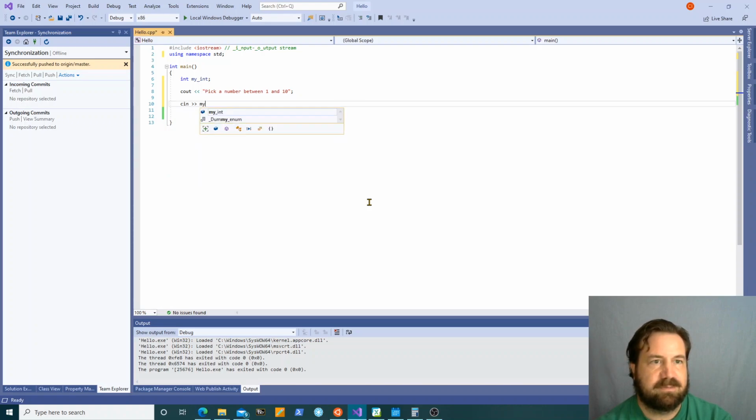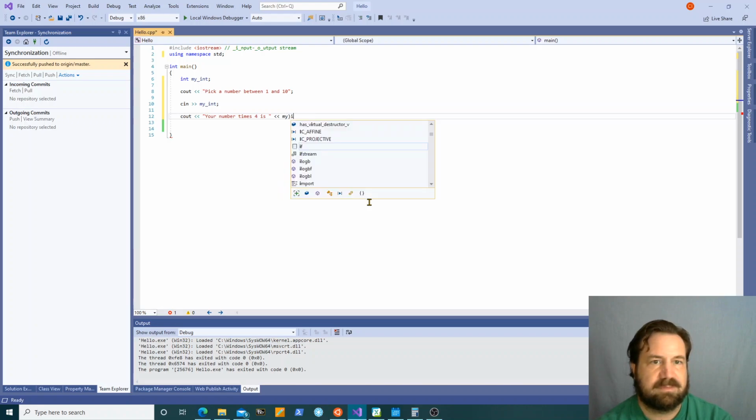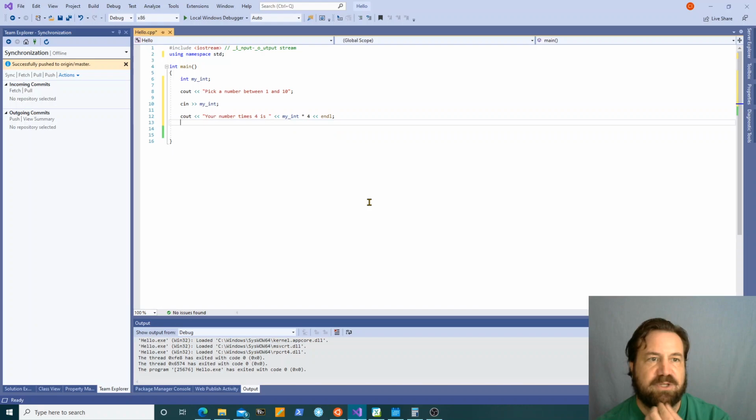We'll cin in my int, and then we'll cout "your number times 4 is" my int star 4, endl. Okay, that's how you do multiplication in C++.